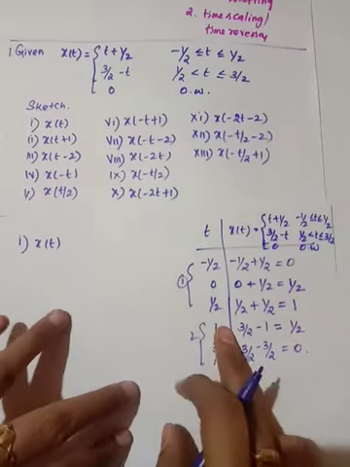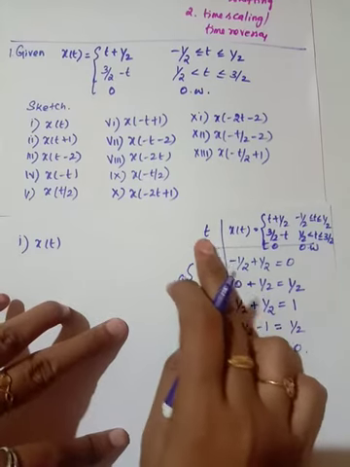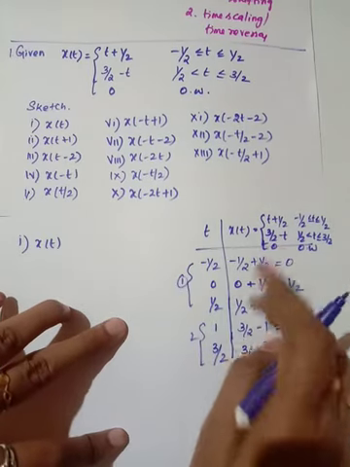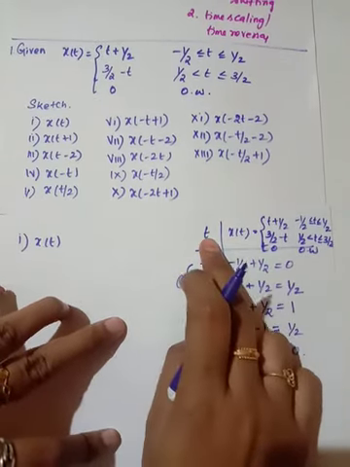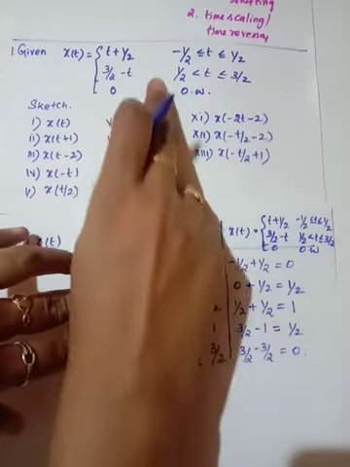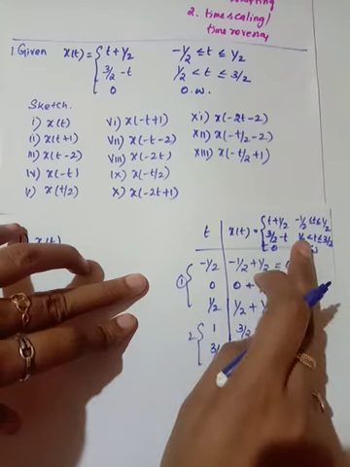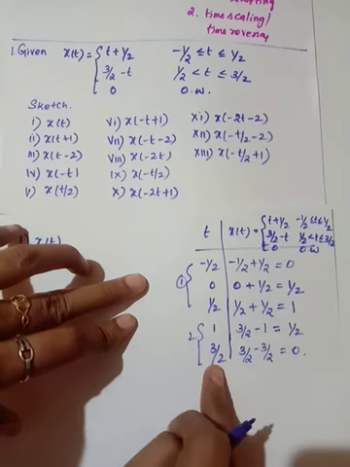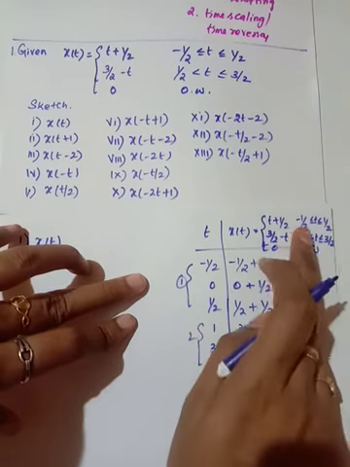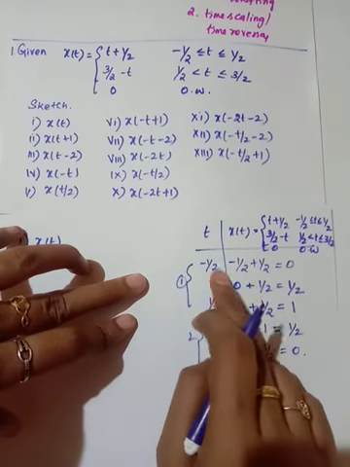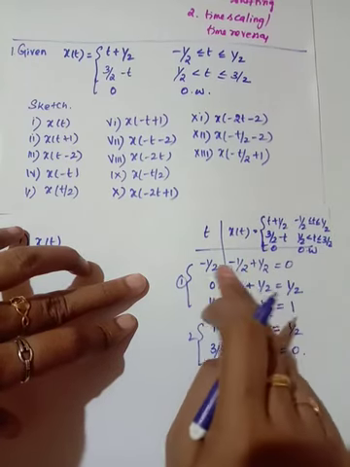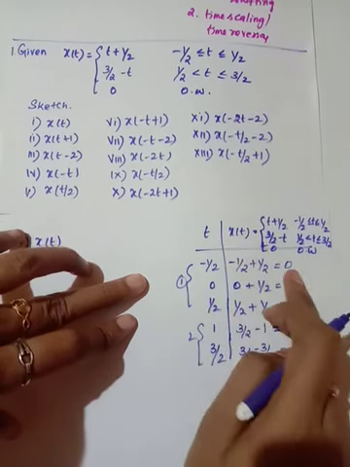Now this is your expression, and for different values of t I need to find the values. First, the range is from minus 1 by 2 to plus 1 by 2, and then 1 by 2 to 3 by 2. Consider t plus 1 by 2. Substituting minus 1 by 2 for t, you get 0.